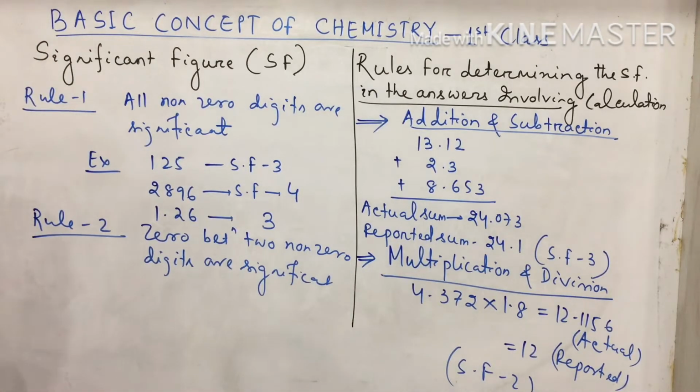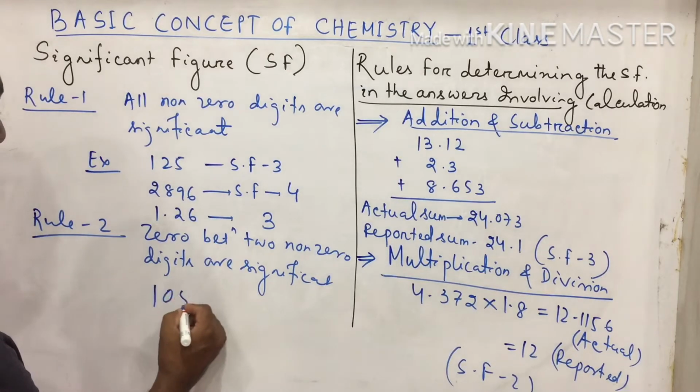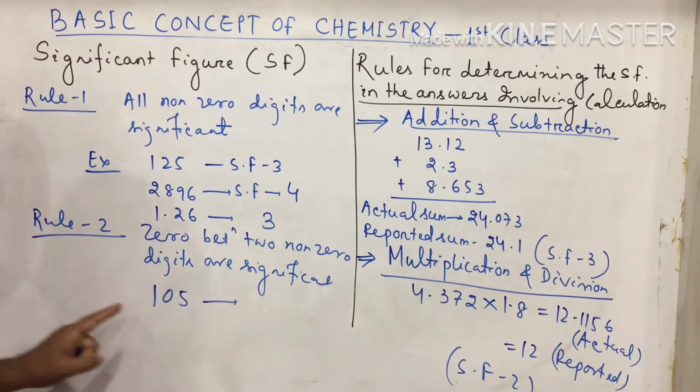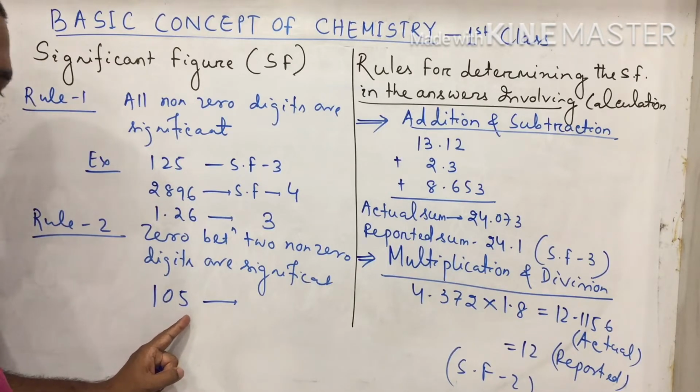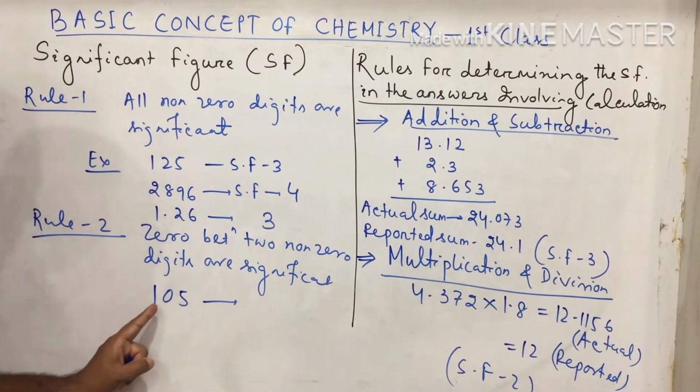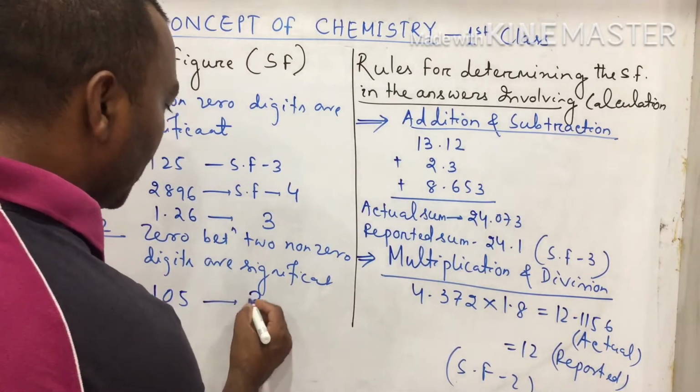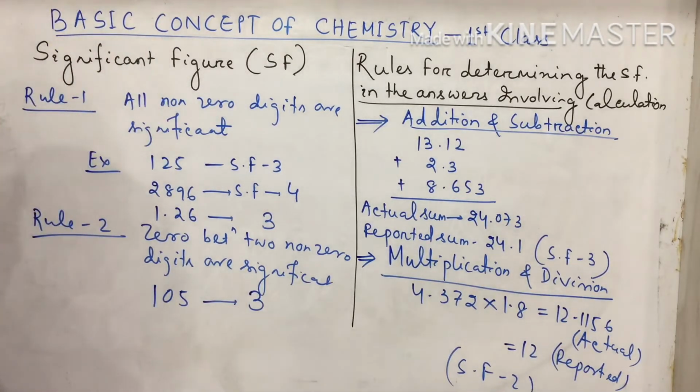Example, suppose you take 105. You see 1 is a non-zero digit, 5 is a non-zero digit. So 0 between two non-zero digits is significant. So its significant figure is 3.